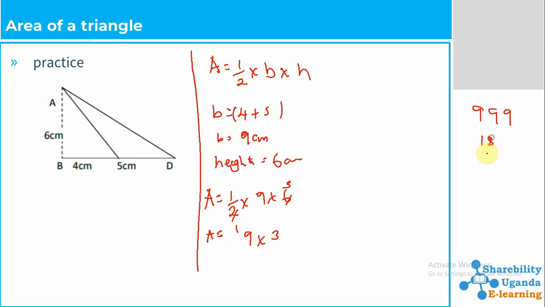This is 18 plus 9. That is 27. So our area should be equal to 27 centimeters squared.